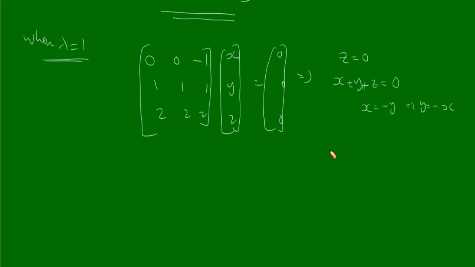Okay, so let us take the first eigenvector R1 is equal to, first x is equal to, let us take the first element k, then next element will be minus k and 0. Okay, now instead of these values I am taking R1 is equal to 1, minus 1, 0.